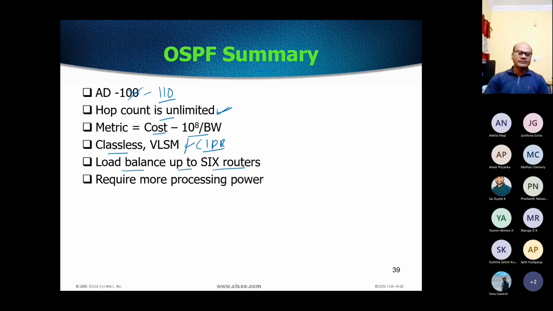When your traffic is very huge, it has the capability to manage up to 6 routers. OSPF is going to manage your traffic load balancing. For this, it requires more processing power of your router, which means a high-end router is required. The hardware is used to configure OSPF.